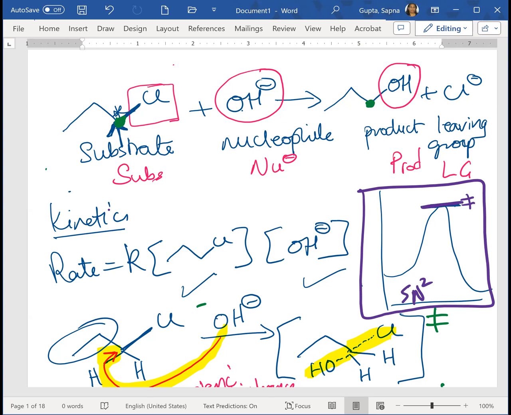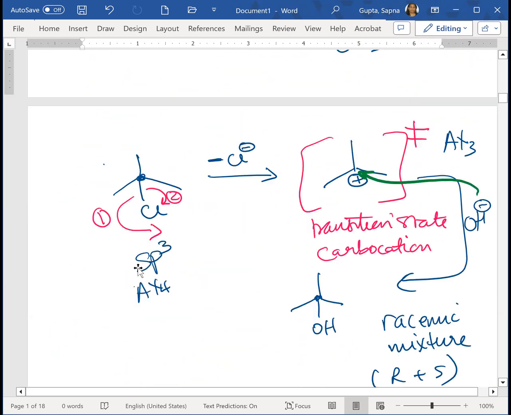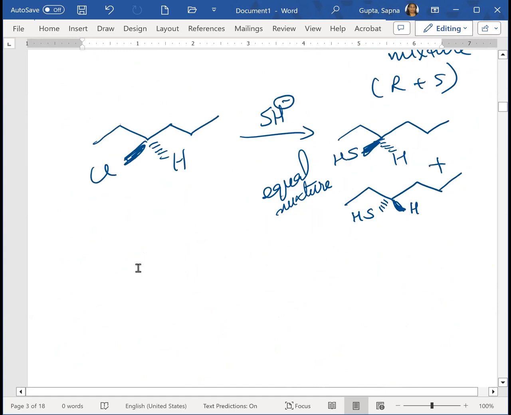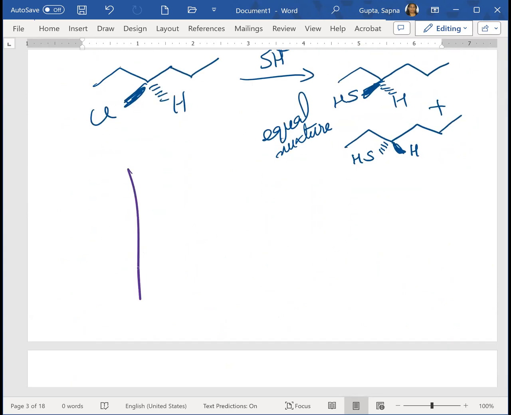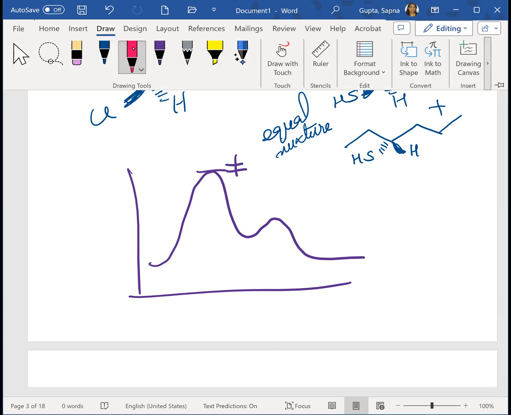But when we draw the graph for Sn1, it's a little bit different. For Sn1, you actually have 2 transition states. The first transition state is much higher in energy, and the first transition state is the formation of the carbocation.